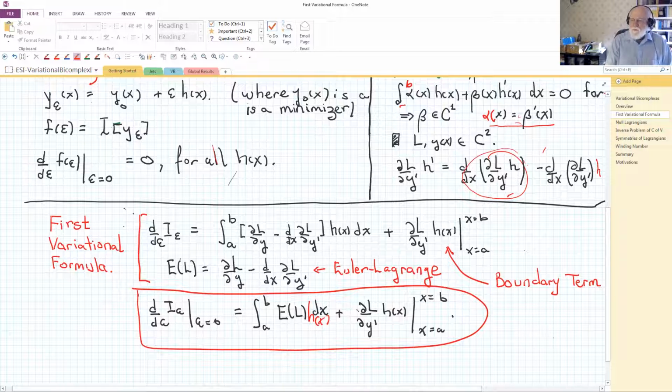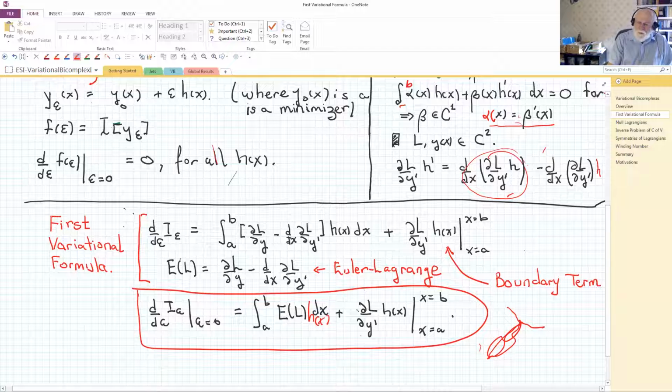If we're doing the simplest problem of the calculus of variations, where we only do variations which preserve endpoints, so our family of curves all start and end at the same place, then h of a is 0, h of b is 0, and this term is not present. In Gelfand and Fomin, they look at cases where the endpoints are allowed to vary along a curve, or where your extremals are only piecewise differentiable.